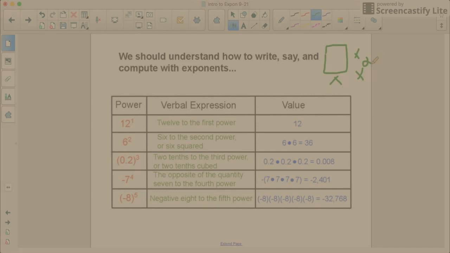The next one is going to be 2/10 to the 3rd power. We're going to multiply 2/10 by itself 3 times. In this sense, it is going to be called 2/10 cubed. Now our cubed, you think of a box. For x squared or the 6 squared, we saw that we just had a square.